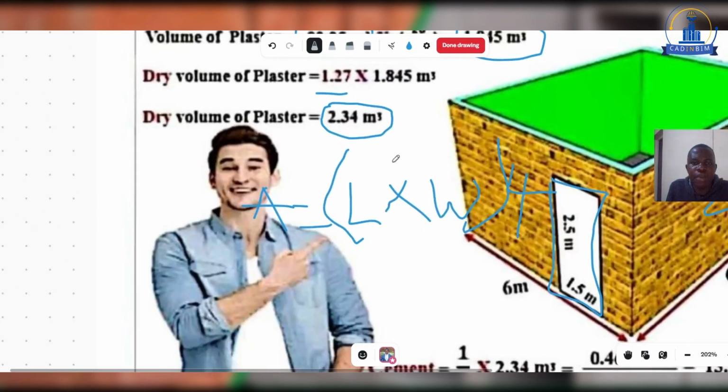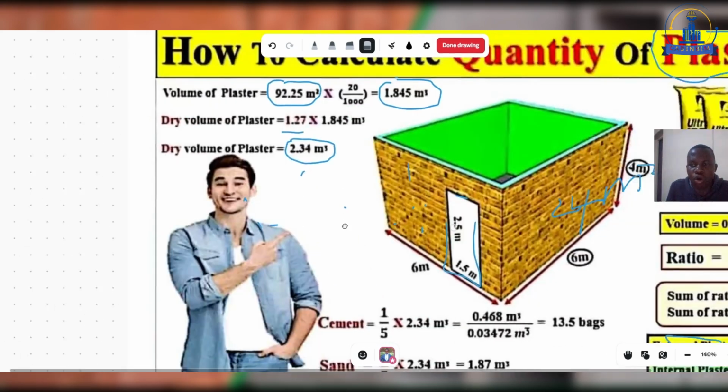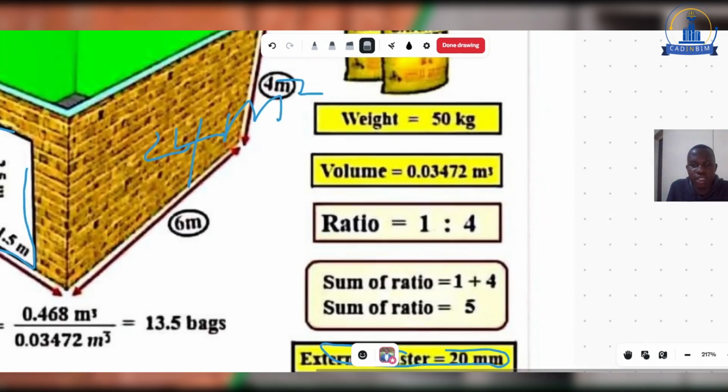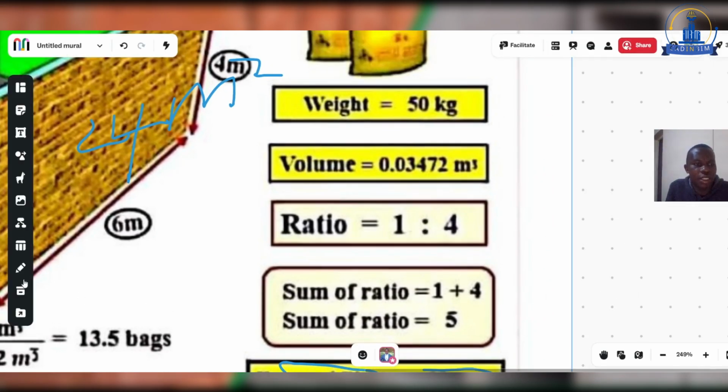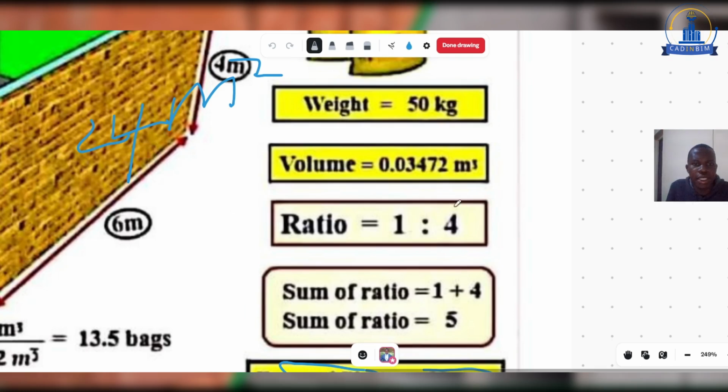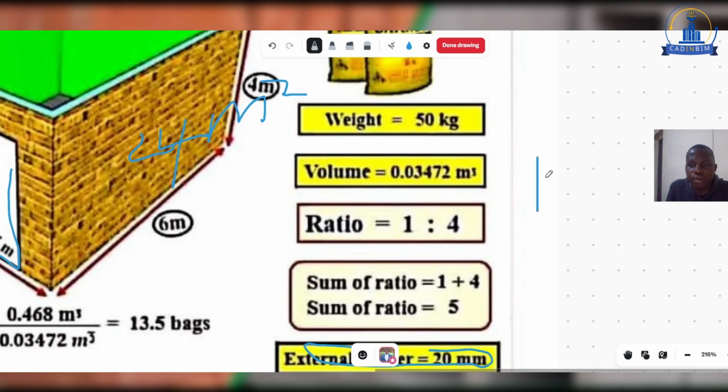Then you check the mix ratio you are using for the plaster. We want to assume a mix ratio of 1:4. If you assume a mix ratio of 1:4, then you get 1 plus 4, which is 5.